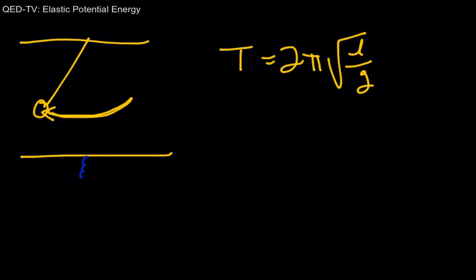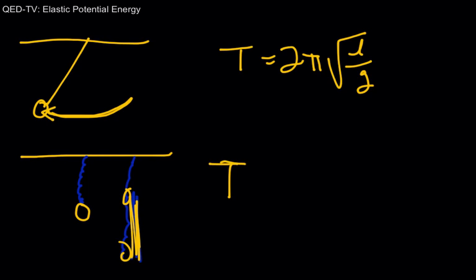So what about a spring? I take a spring and I put some mass on here and I drop it. Well, then this thing is going to oscillate back and forth also. So what would the period be of this thing oscillating back and forth? Well, it's very similar.